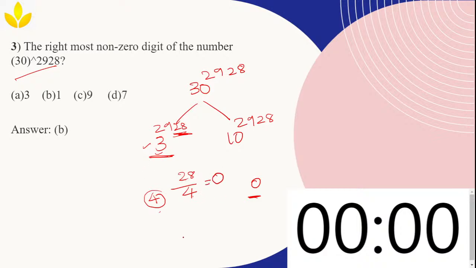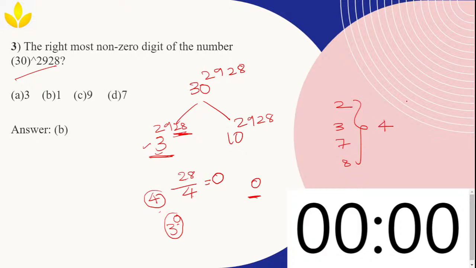So what you will do is raise this power to 0. For any number which has the cyclicity as 4, which are the numbers which have cyclicity as 4? 2, 3, 7, 8. These 4 numbers have the cyclicity 4.